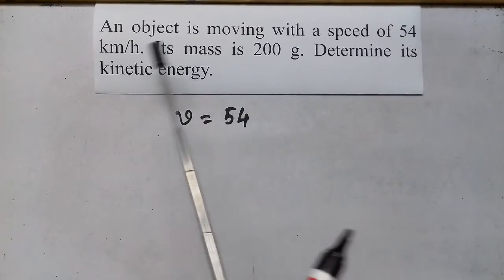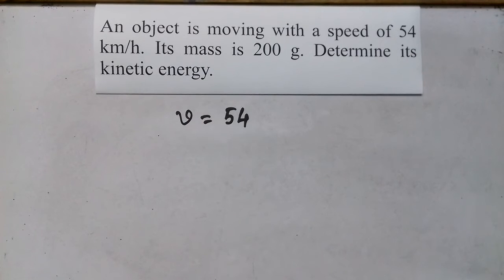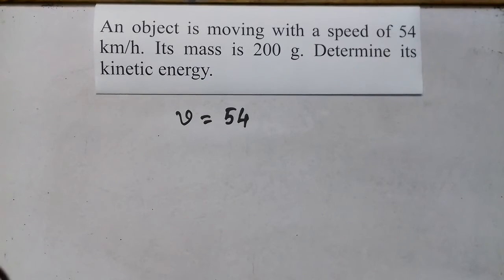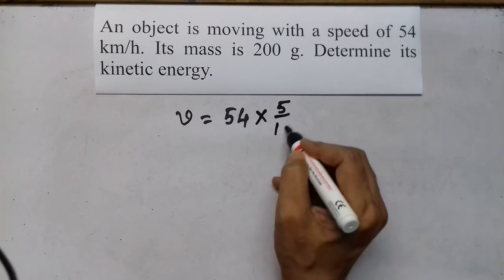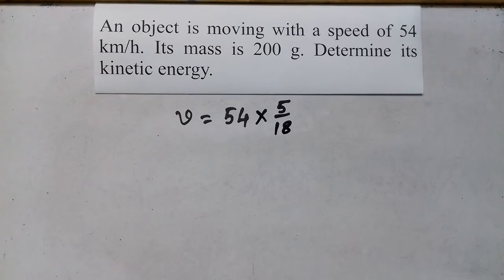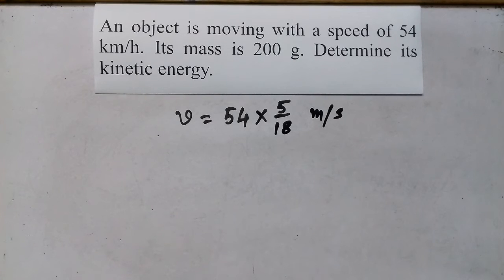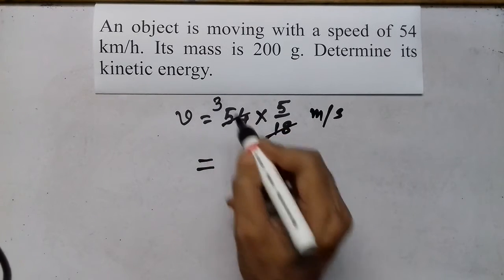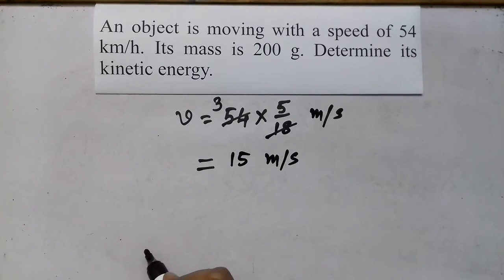Speed is given as 54 km per hour. If you wish to convert kilometer per hour to meter per second, simply multiply it by 5 by 18. This is the conversion factor between kilometer per hour and meter per second. It will be converted to meter per second. After simplification, you get 15 meter per second.